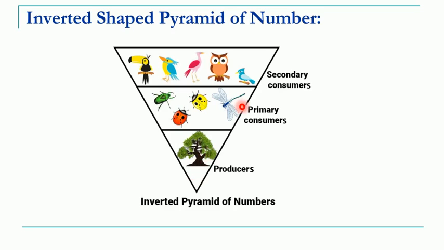So these are primary consumers, and these primary consumers are food for the secondary consumers. Now there would be various varieties of birds or other animals which feed on the insects. There could be lizards as well, or other reptiles. So therefore the secondary consumers are very large in such an ecosystem. Therefore the shape of the pyramid is like an inverted pyramid.